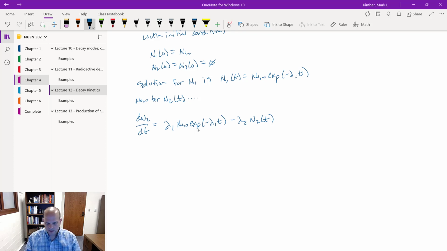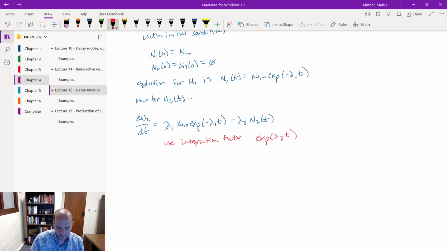So how do we solve this? We are going to use an integrating factor, and what that means for anyone that is rusty on this is that we are simply going to multiply each and every term by some exponential. And in this case, we're going to choose exponential of lambda 2 times t.